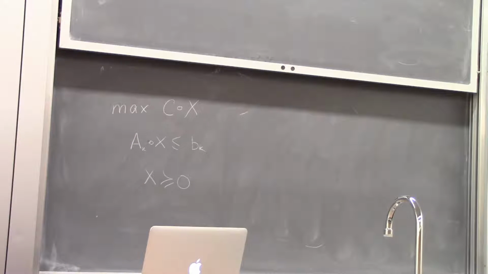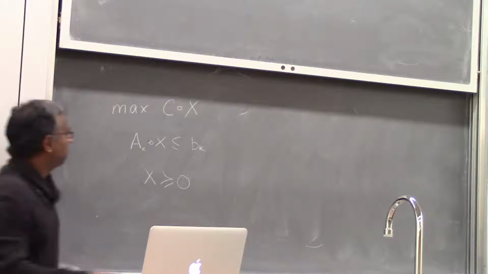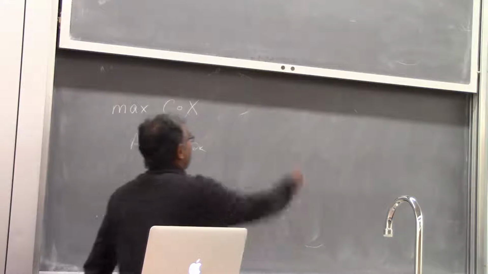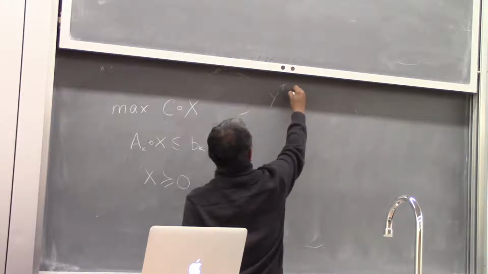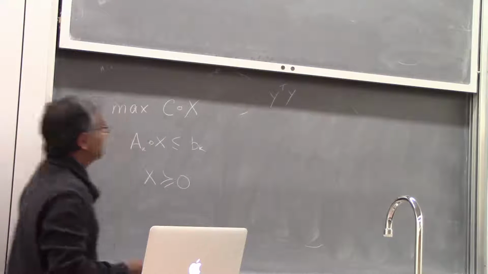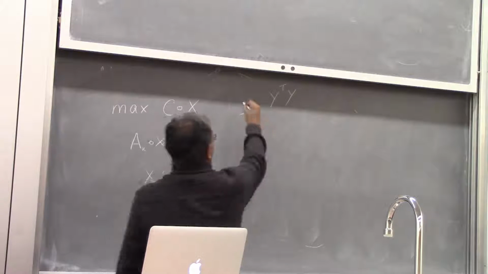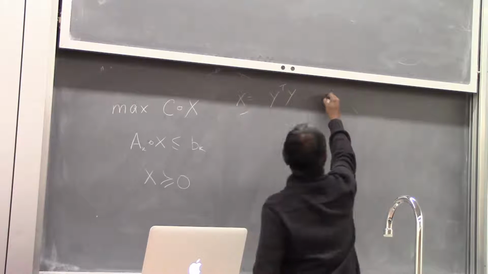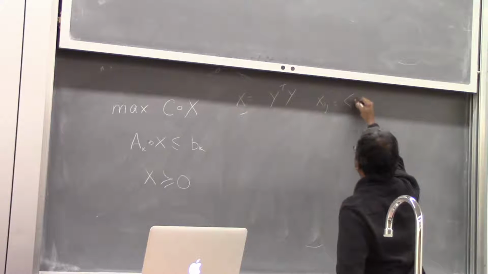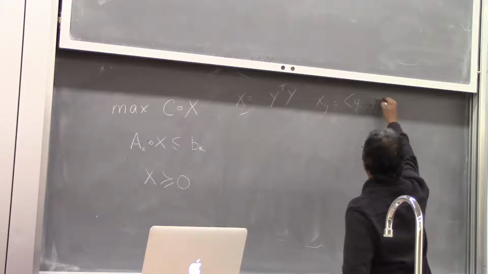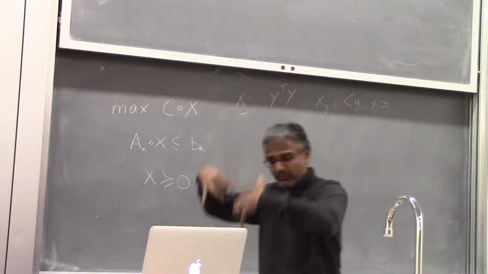And the way we thought about positive semi-definiteness was that it was the matrix equivalent of being greater than or equal to 0. That's all its eigenvalues are greater than or equal to 0. And any matrix of this form can be thought of as really being in the form Y transpose Y. So you have a bunch of vectors in a dot product with a bunch of other vectors. And if you think of X equal to Y transpose Y, then x_ij is always going to be the inner product of y_i and y_j. This is how matrix multiplication works.